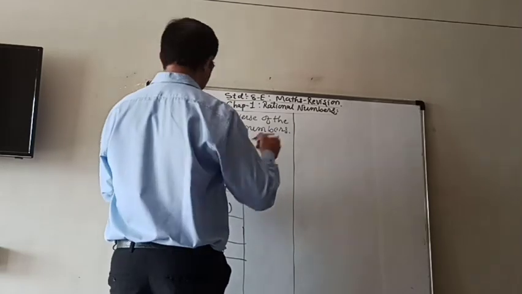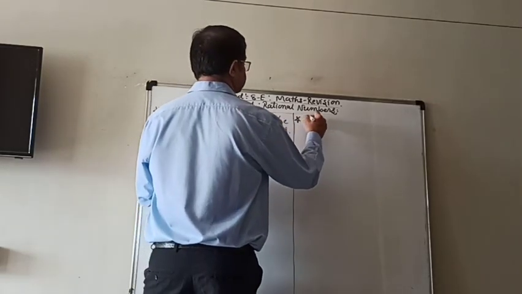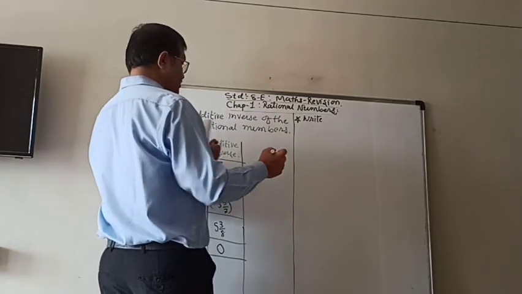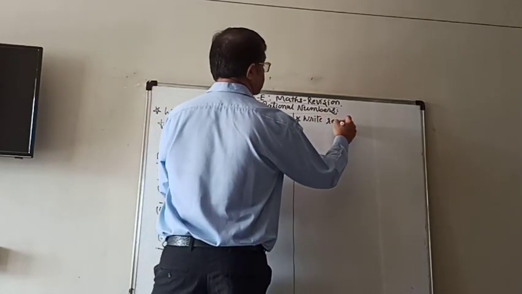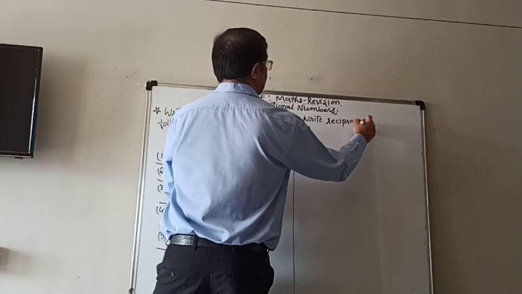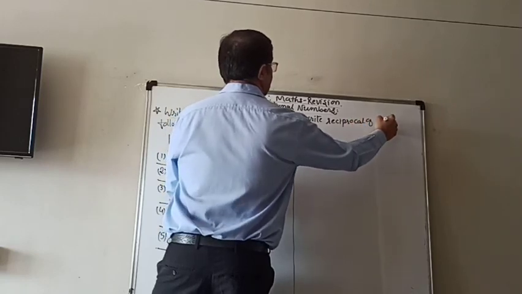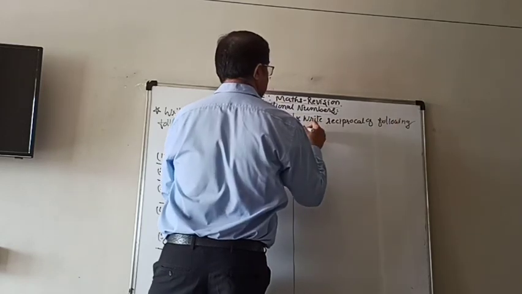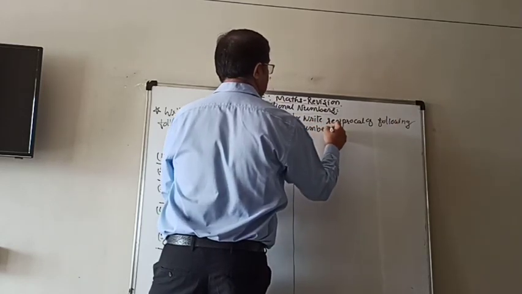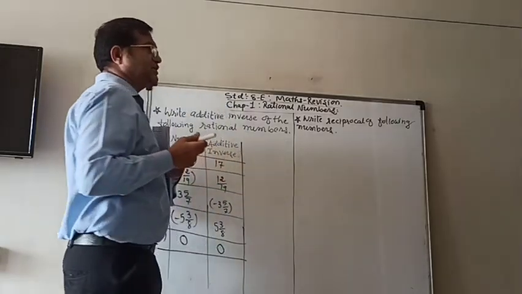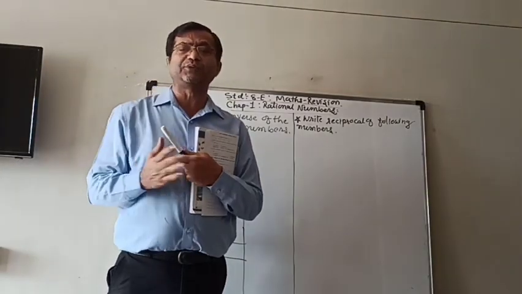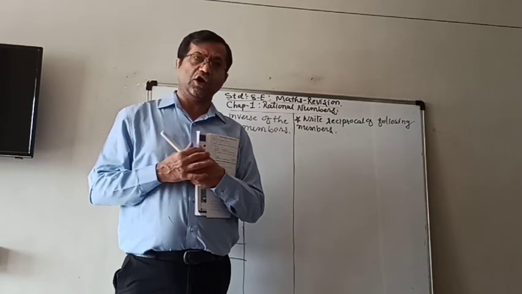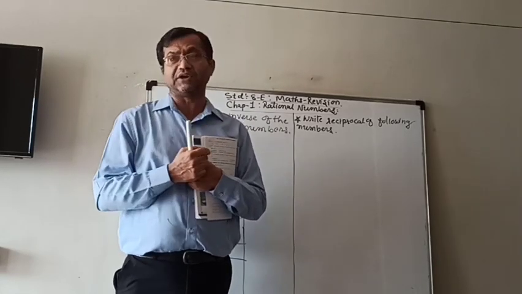Now we will take another question. Write the multiplicative inverse or reciprocal of the following numbers. So you know that when we have to write the reciprocal, you just have to change the places of numerator and denominator.